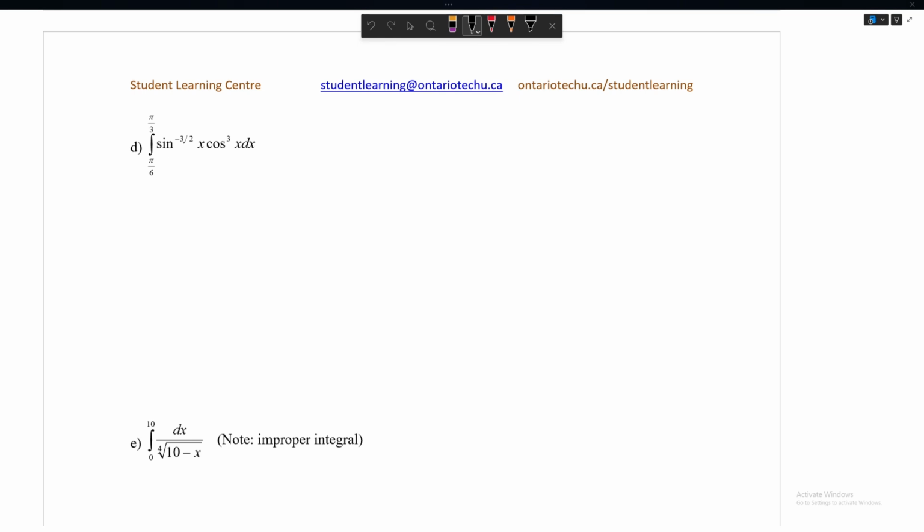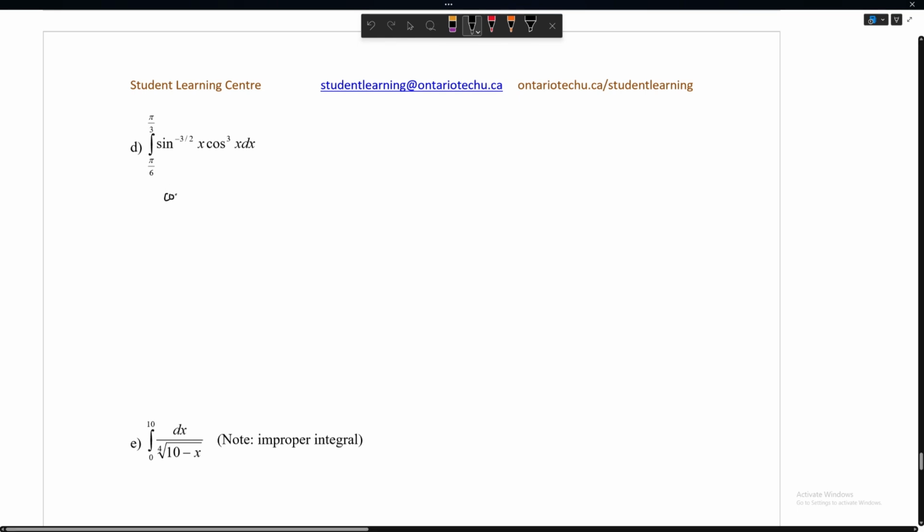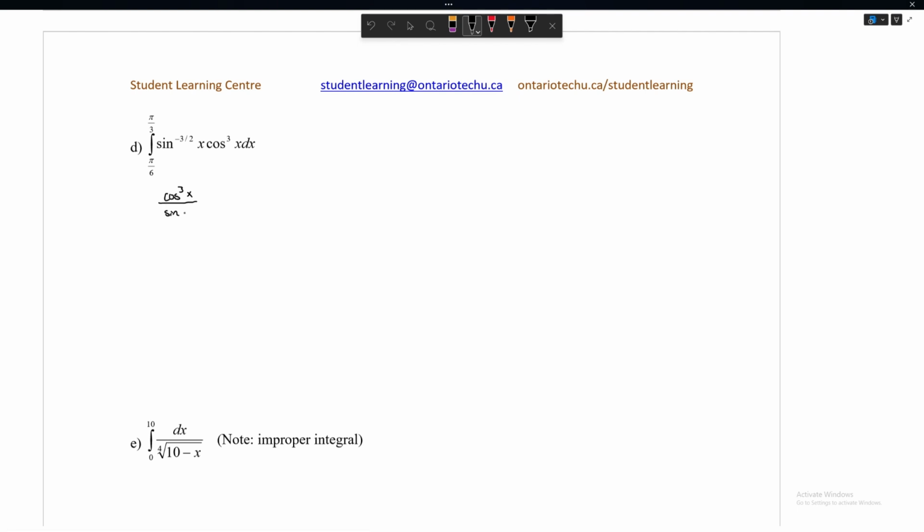This, I believe, is the same thing as if I were to rewrite it to, this is negative, so this is actually cos 3x all over sine x square rooted to the power 3, and damn, that looks ugly.